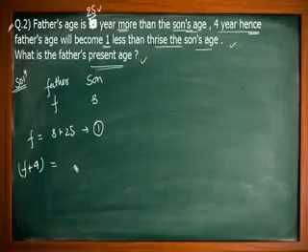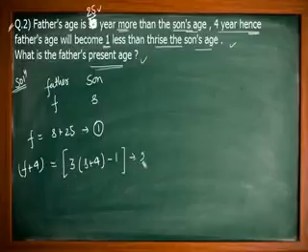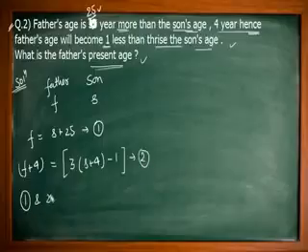So first of all, thrice the son will be 3 into (s plus 4), and 1 less than that. So this is your second equation. Okay, solve first and second.